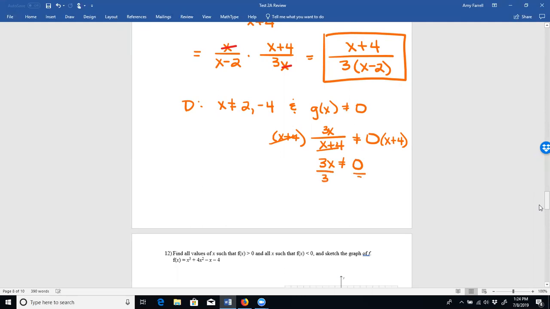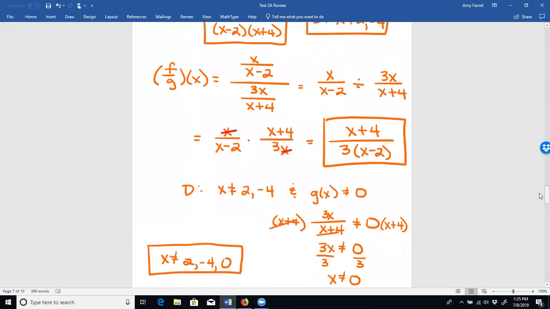Divide by 3. 0 divided by 3 is 0. So x can also not be 0. So our domain here is we do not want x to be 2, negative 4, or 0. So all real numbers except for those 3 would be our domain.